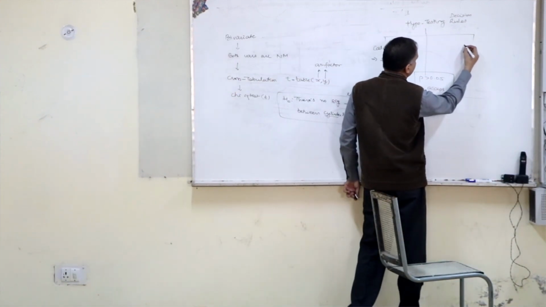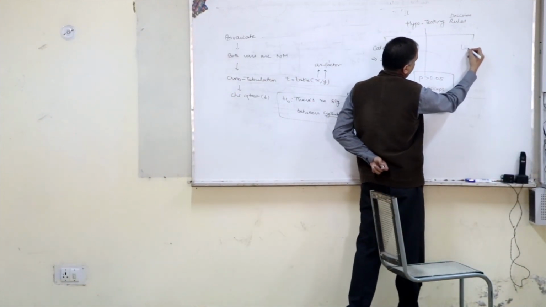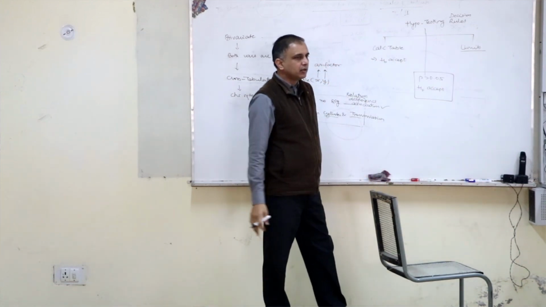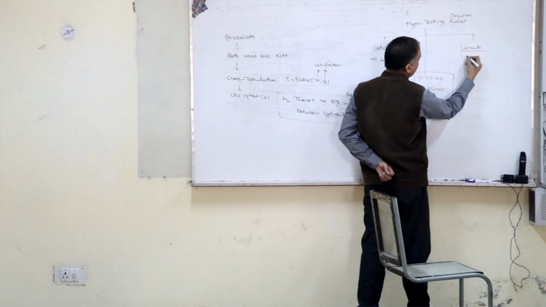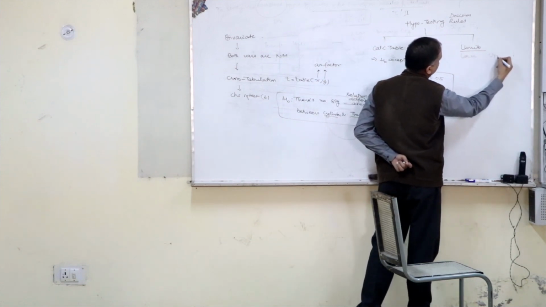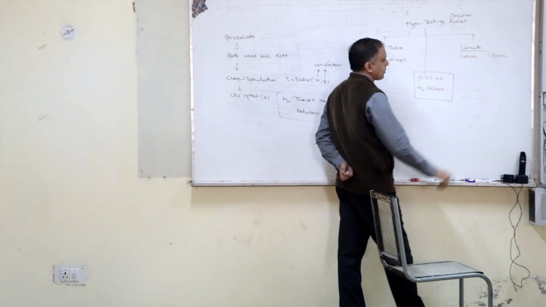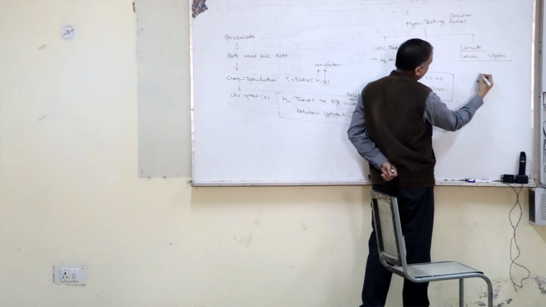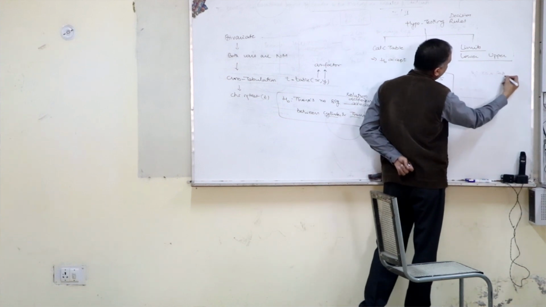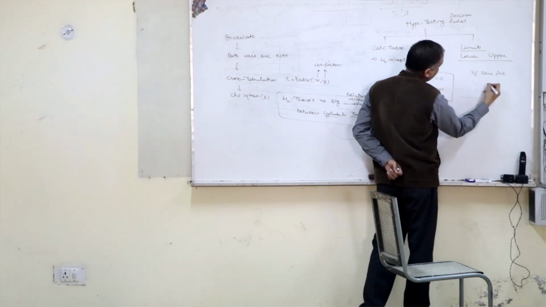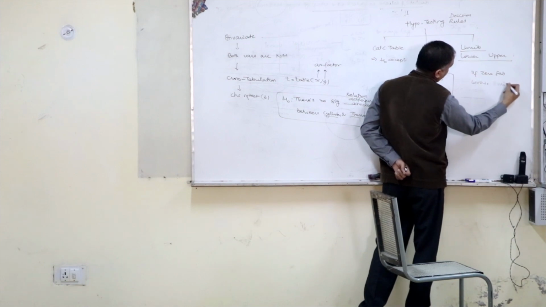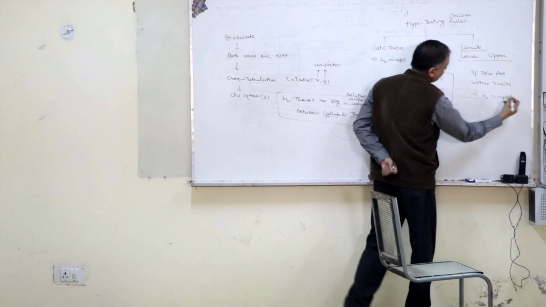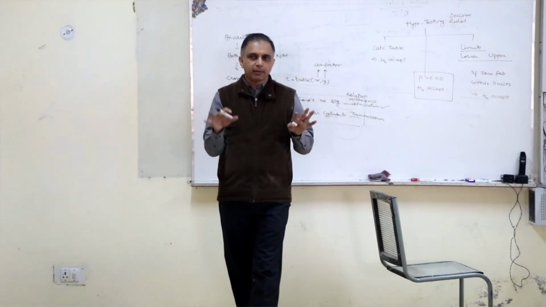The third rule is that of limits. This we will do in regression. There is a concept of lower limit and upper limit. If 0 falls within the limits, the null hypothesis is accepted.